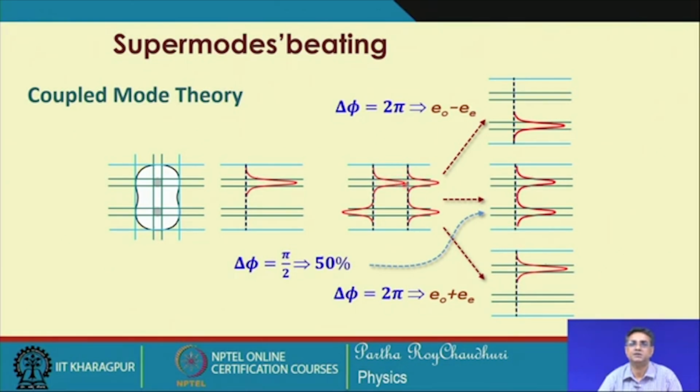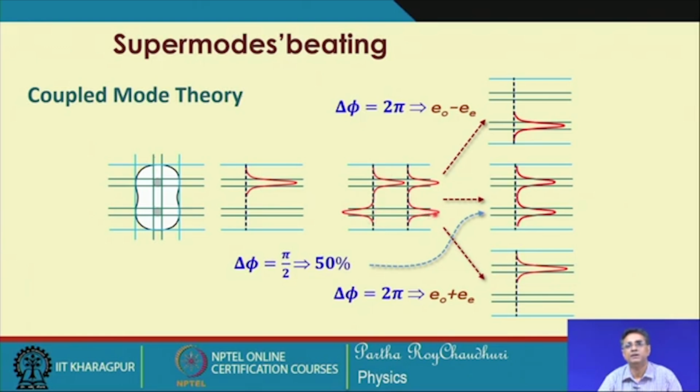If the phase difference is 0, then these two will be added and these two will be subtracted, so you get only one lobe of the mode profile, the light confined into one waveguide, which can be thought of as the input light. So this input light now gets divided into two modes of the complete structure, the symmetric mode and the antisymmetric mode, that is the fundamental mode and the first order mode.